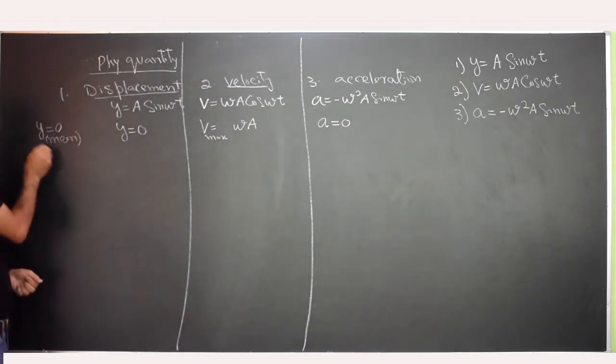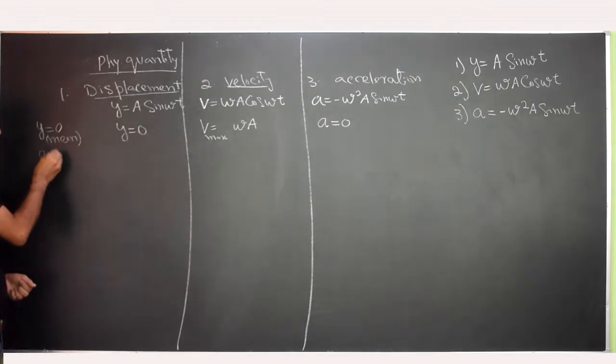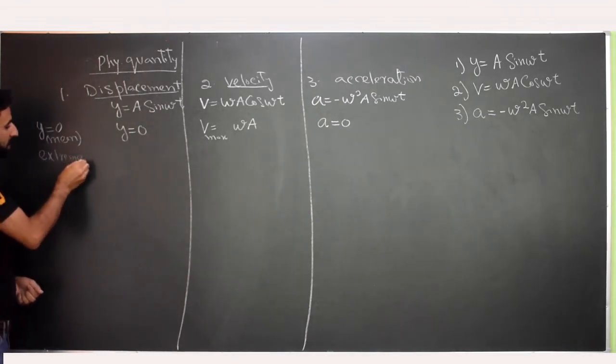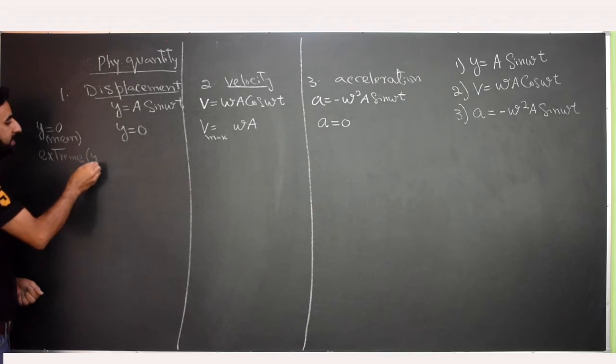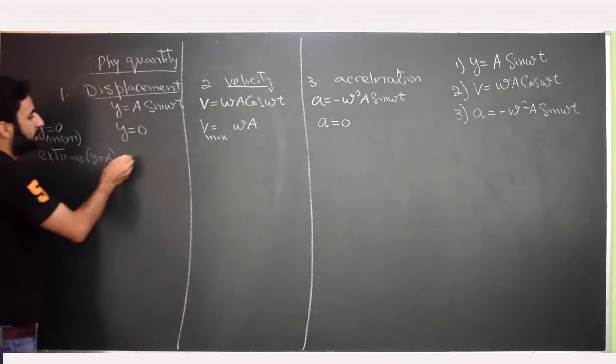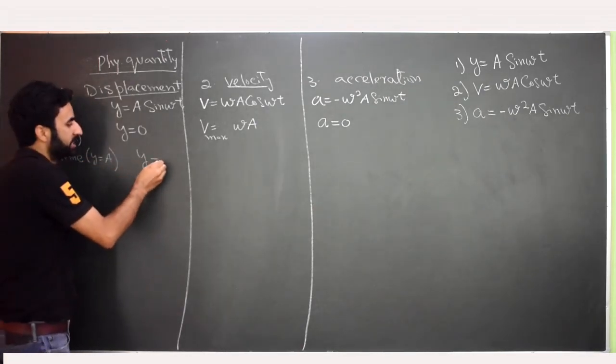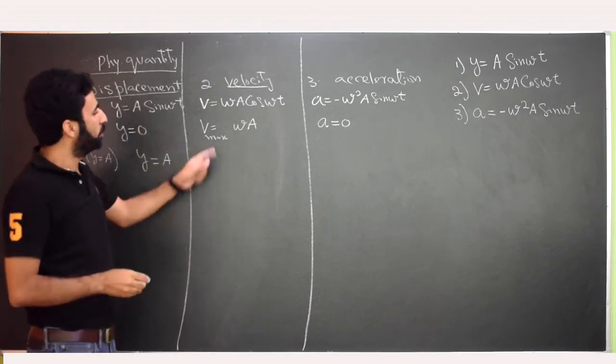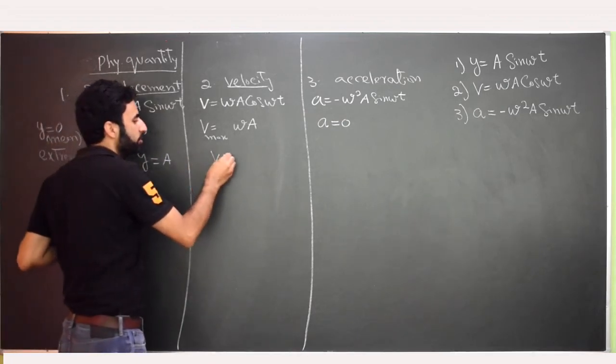Now if we talk about extreme position where y is equal to A, we know displacement at extreme position is y is equal to A, and velocity at extreme position is equal to 0.